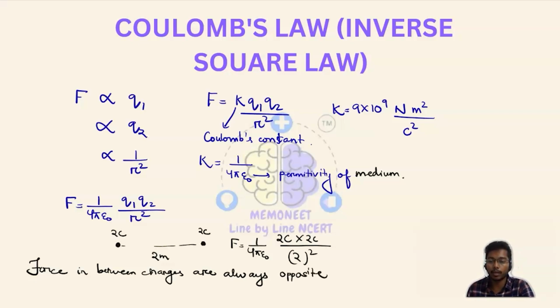This is a positive charge and this is also a positive charge, so they will repel each other. Let's say they are q1 and q2. The force due to q1 on q2 will be away from q1, and the force of q2 on q1 will be in the opposite direction.